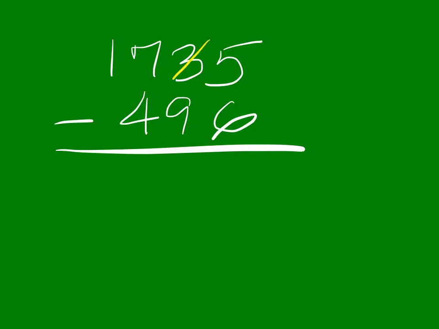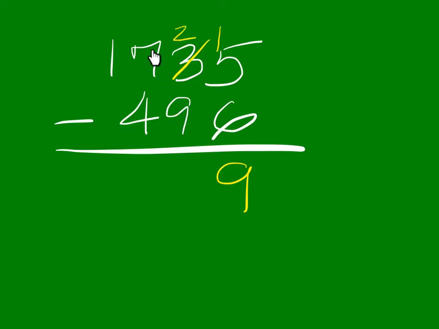And what happens to the 3? It becomes 2, and then we put the 1 on the 5 and make 15. So 15 minus 6 is going to be 9. And then we go over here and we have 2 minus 9.